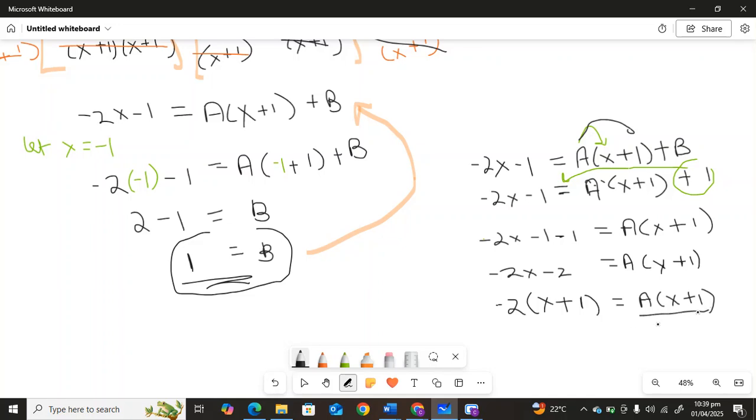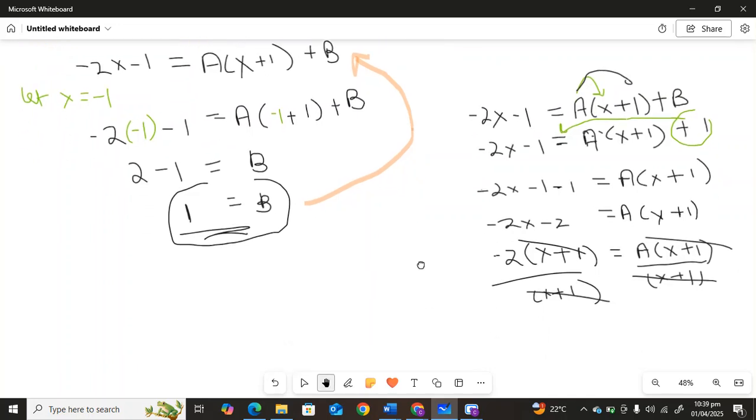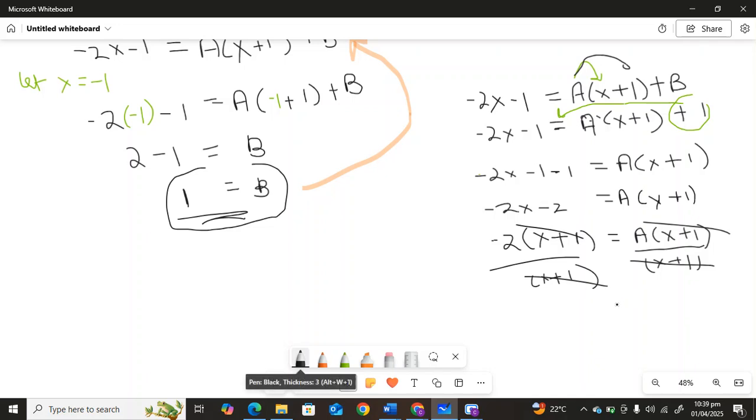So divide both sides by x plus 1. A equals negative 2.